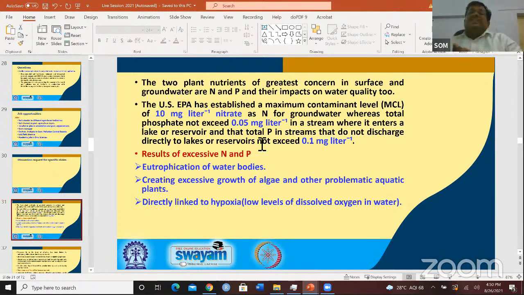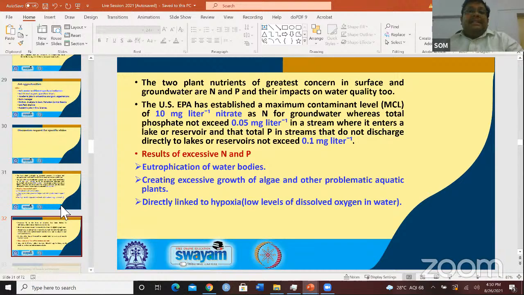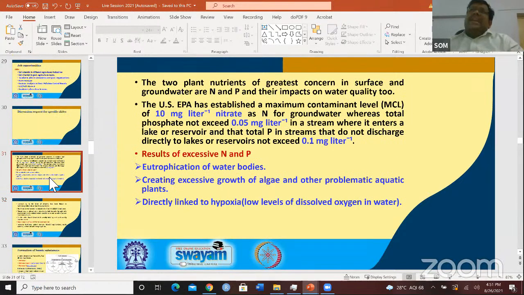Ultimately, this aquatic plant growth or algal bloom will create hypoxia. That means they will use up all the dissolved oxygen, creating a very low level of dissolved oxygen, and this is very harmful for aquatic organisms. So this is how they create the negative impact.